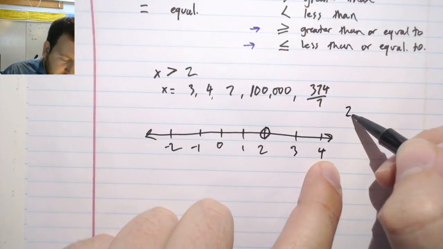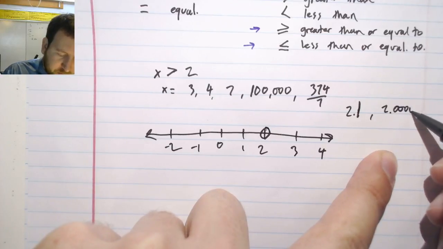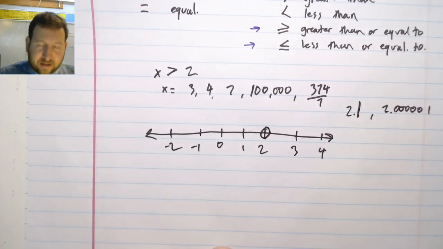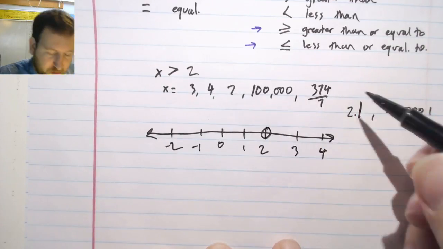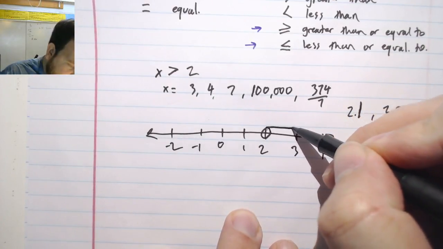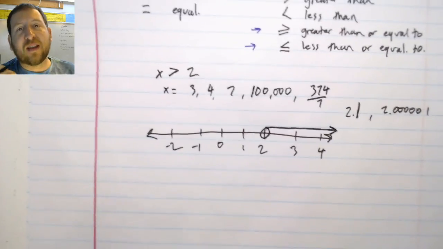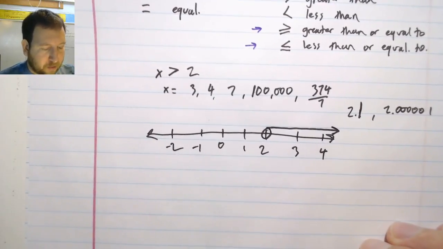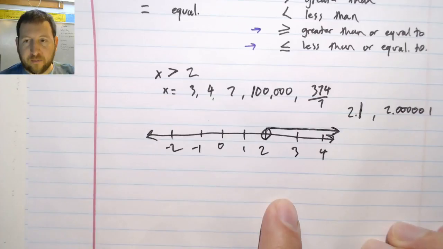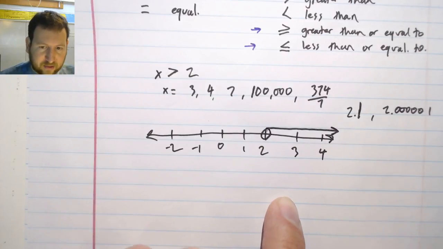It could be 2.1. It could be 2.000001, but it's not 2. Right? So the way that I represent this is I use a circle, and then I drag my little number line, and I say it's that number and everything greater than that. And this is how I would graph, on a number line, x is greater than 2, just like this.